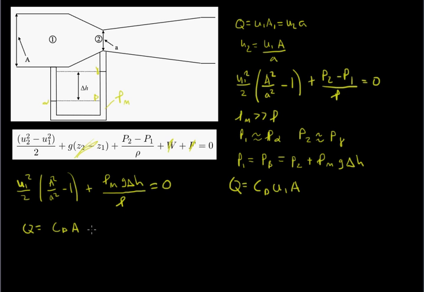So U1 is going to equal 2 times rho m g delta h over rho, and that's a capital A squared over lowercase a squared minus 1 on the denominator there, and we're just going to take the square root of this whole quantity. So yeah, that's the algebraic expression of our volumetric flow rate coming in.